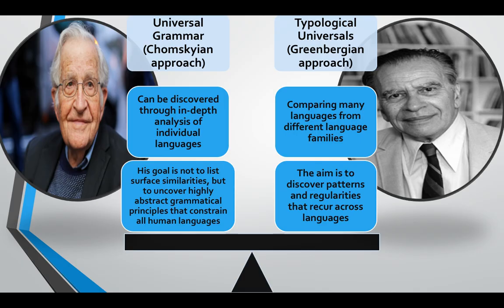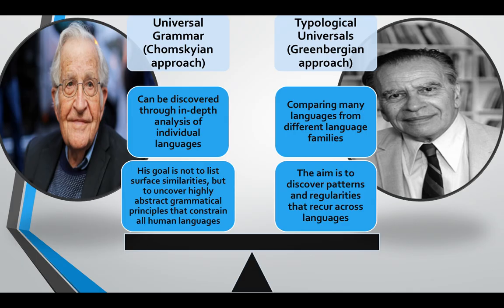Instead, they are discovered through deep and detailed analysis of individual languages. Chomsky is not interested in surface similarities, like word order only. His goal is to uncover the abstract grammatical principles.